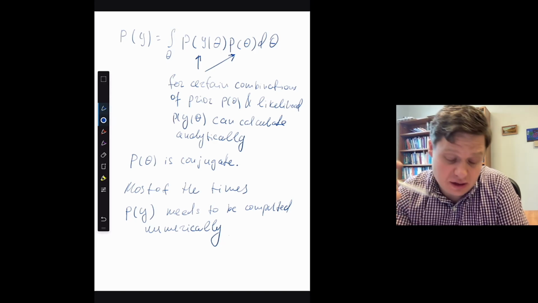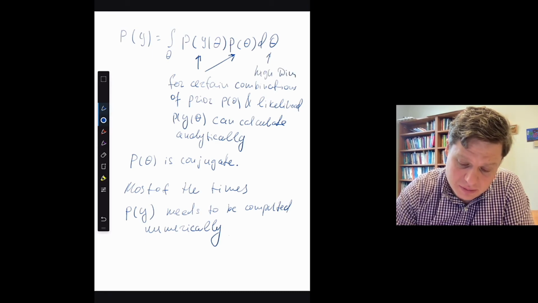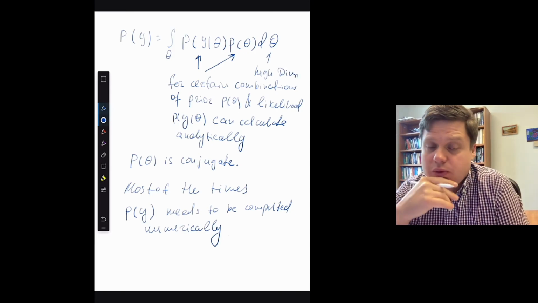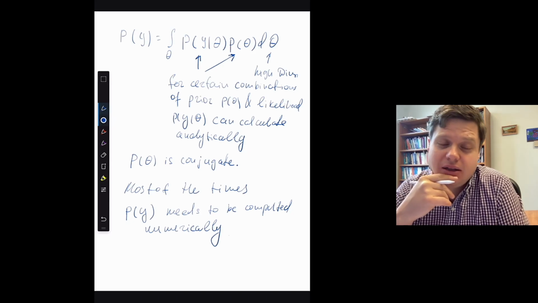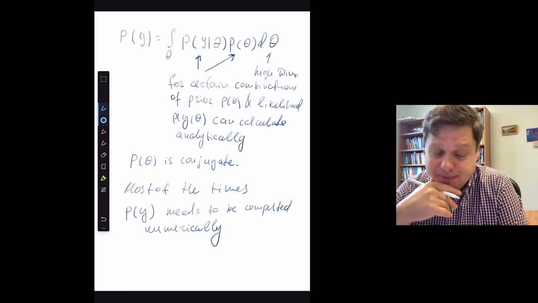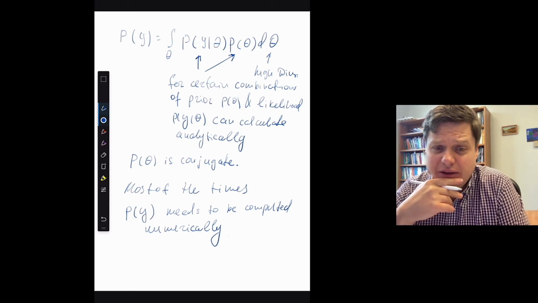And given that parameter theta is very high dimensional, so we talked about neural networks, for example. In neural networks, we can be talking about millions or billions of parameters. So calculating a high dimensional integral is very computationally expensive, and if you do it naively, it's impossible.